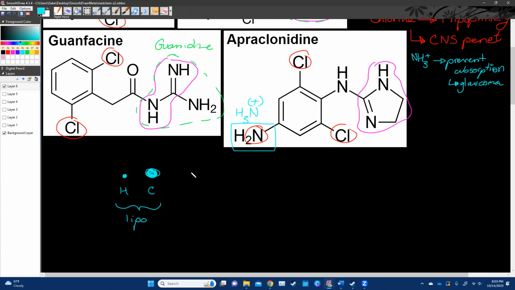When we look at chlorine, it's essentially just a big carbon. It's a very, very big atom. And so the reason we increase lipophilicity with chlorine is because it's just so big.